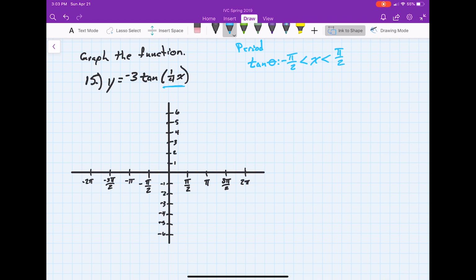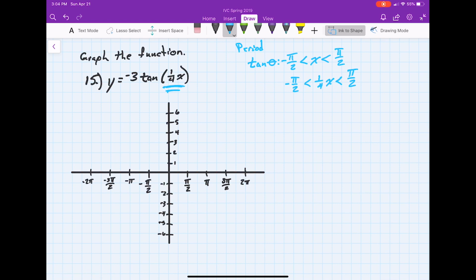But they're telling us 1/4 x. So we're going to substitute that into the middle here. So I'm going to put negative pi over 2 is less than 1/4 x, sorry, less than pi over 2.